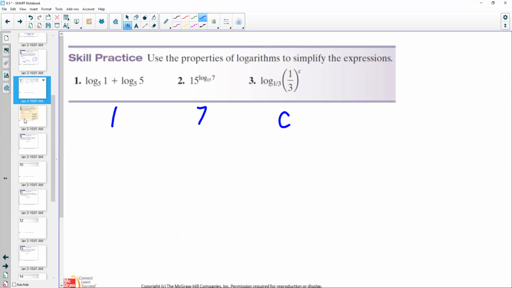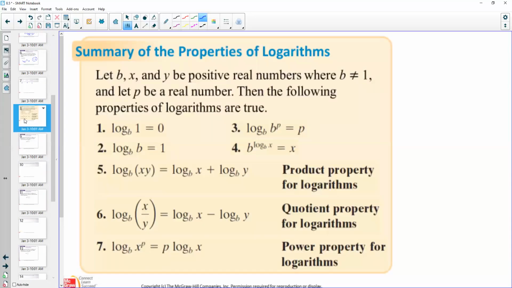All right. So there are some properties here that are really important to us. We just looked at the first 4. The others are the product property, the quotient property, and the power property. Basically, these let us stretch log statements out if it helps us or contract them.